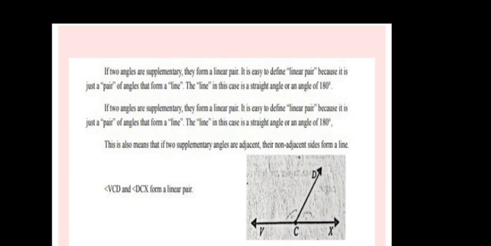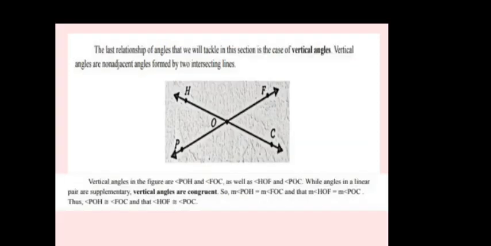Angle VCD and angle DCE form a linear pair. These angles are called supplementary angles, and know that supplementary angles form a straight line. Then the last relation of angles that we will tackle in this section is the case of vertical angles.